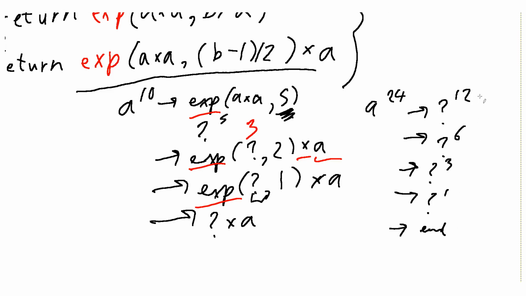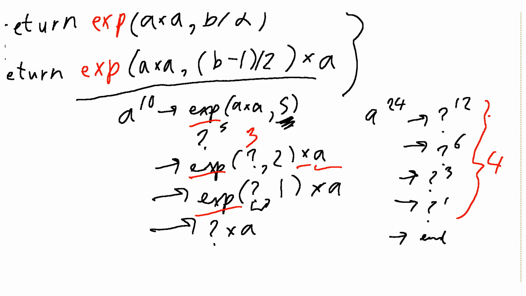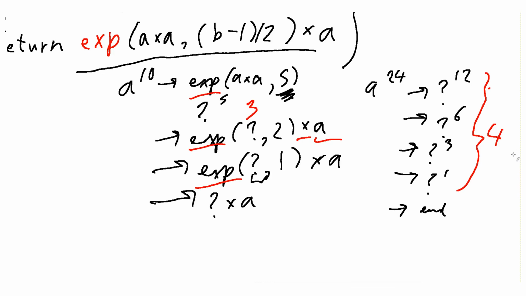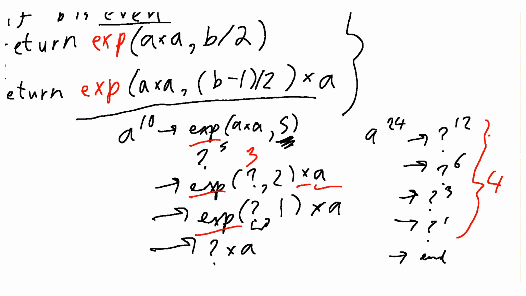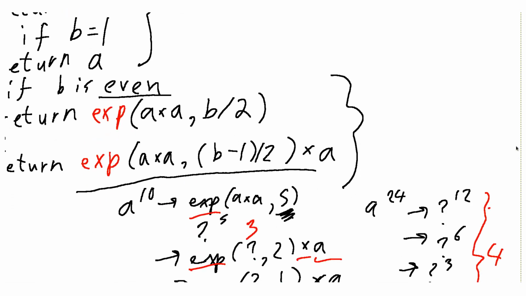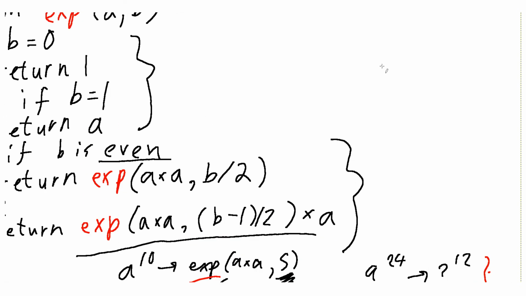So each of these are calls of the exp function, so that's 4 times. And if we look at this for a bunch of different numbers, what we see is that there's a pattern. The amount of times that this is called, exp calls, is equal to log 2 of b.